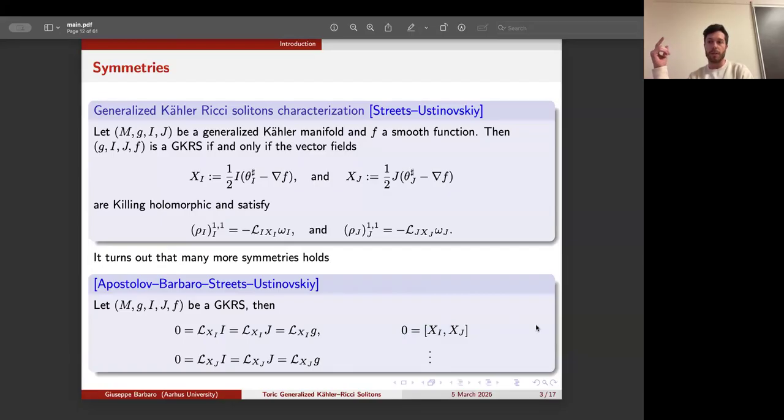So we are going in the direction of toric geometry. Like in the title, as I said, we're gonna study generalized Kähler-Ricci solitons with some toric arguments. So we're going in this direction. We have our abelian symmetries.